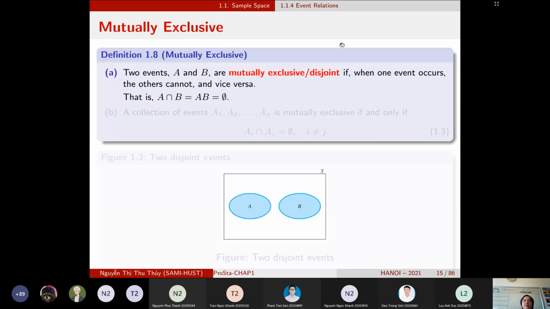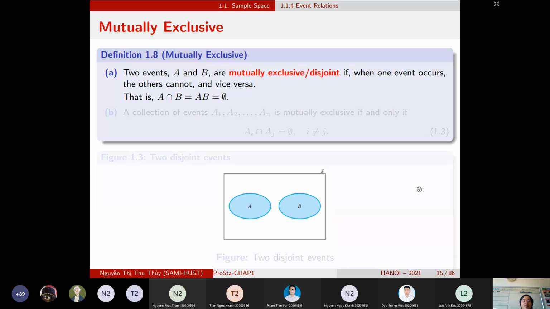And now we consider the notion of mutually exclusive. We say that two events A and B are mutually exclusive or disjoint events if when one event occurs, the other cannot, and vice versa. That means if A occurs, then B cannot occur, and if B occurs, then A cannot occur.